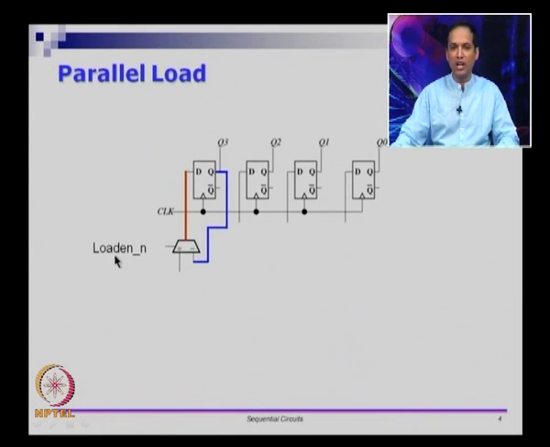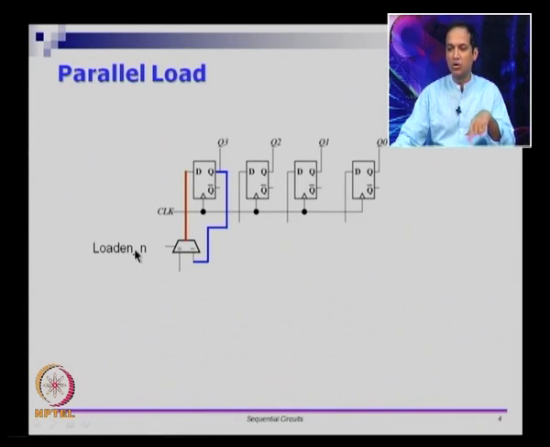Instead of load enable, I am going to have load enable bar. So if load is 1, load enable bar is 0, which means you take it from the external world. If load is 0, you want to keep the old value.